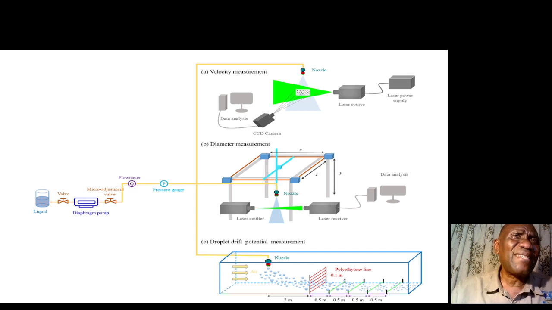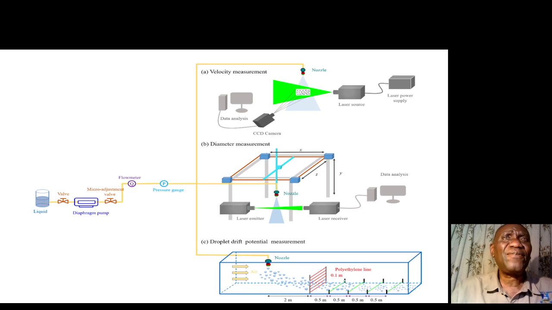And the last one, C, can measure droplet drift. So probably some air is blown. There's also a nozzle which is delivering some droplets, and these droplets could be blown depending on the speed of the air which is put inside that block.